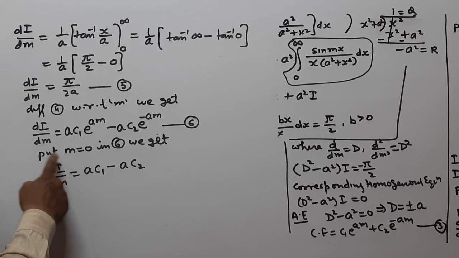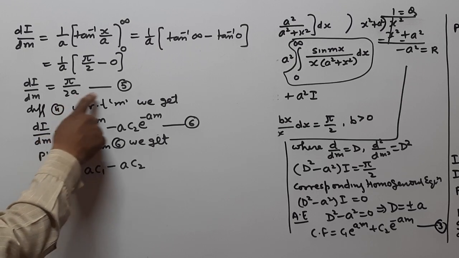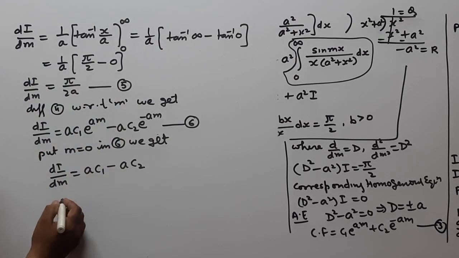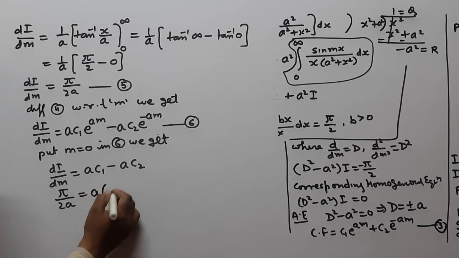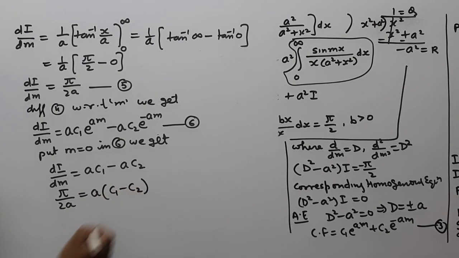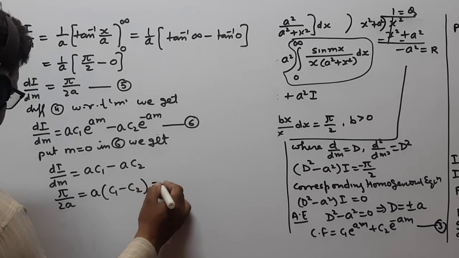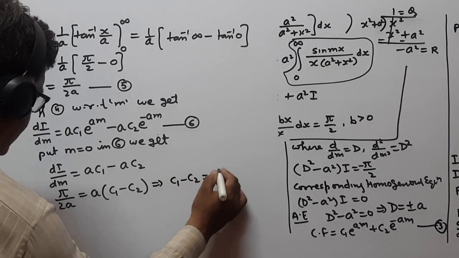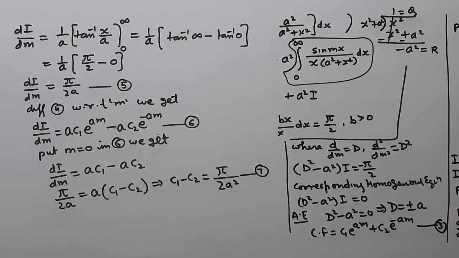Now we put the value of dI by dm, which is equal to pi by 2a from equation 5. So we put here pi upon 2a, and taking a common here, we get a times c1 minus c2. Now we find the value of c1 minus c2. So c1 minus c2 is equal to pi upon 2a square. Suppose this is equation 7.